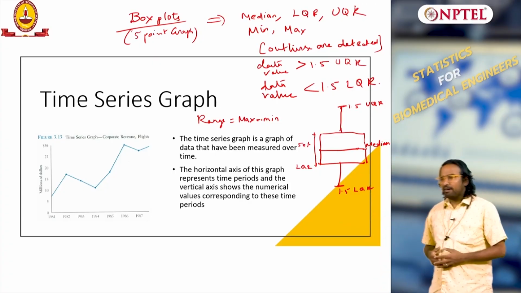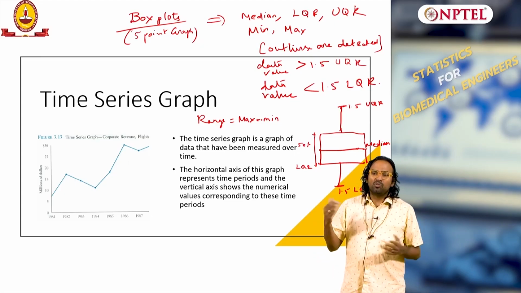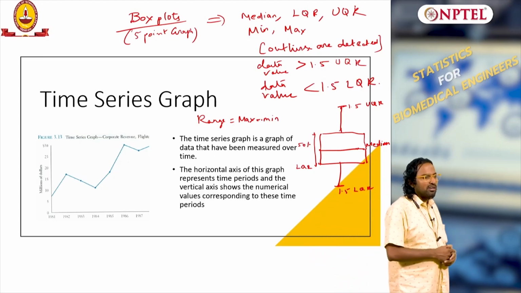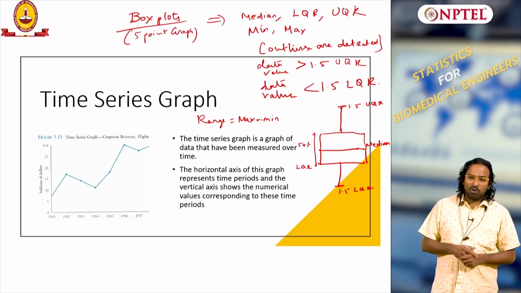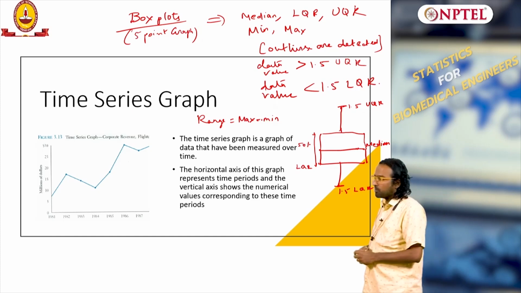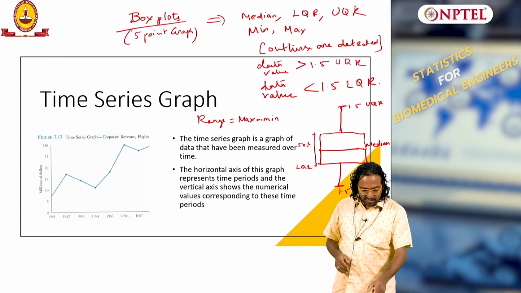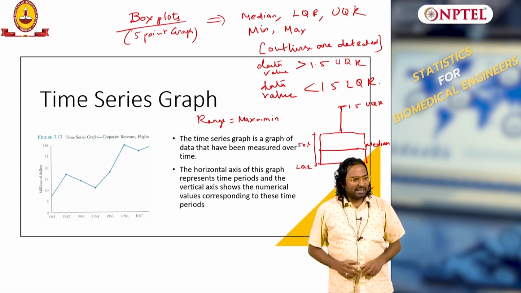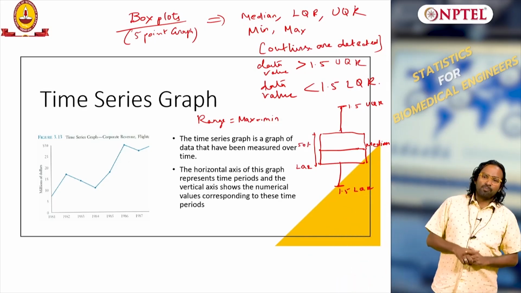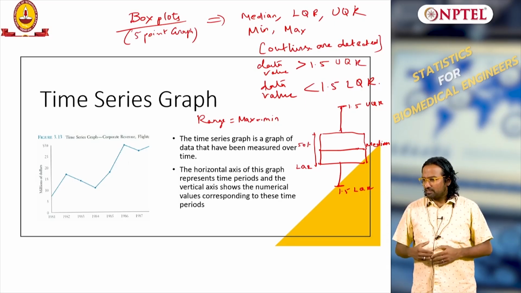Now you may have a data set where it goes beyond 1.5 times. These are nothing but whiskers. This box plot is also called a whisker plot, box whisker plot. Okay. People call it a box plot or box whisker plot. These whiskers are the extensions from the 50 percentage box. It extends at the maximum up to 1.5 times the LQR or UQR on both sides, right.